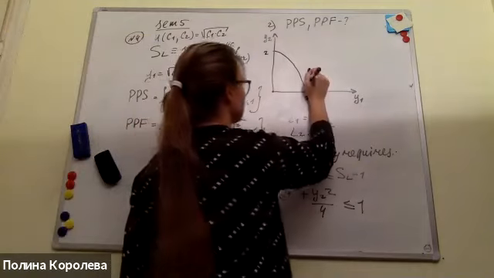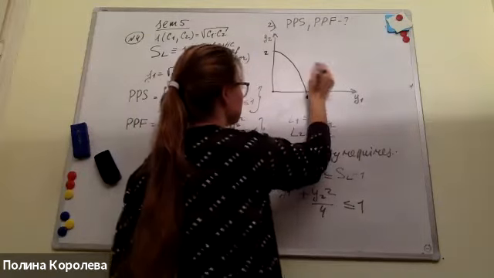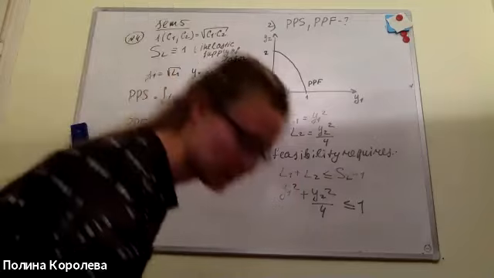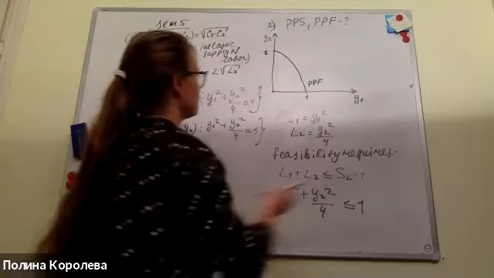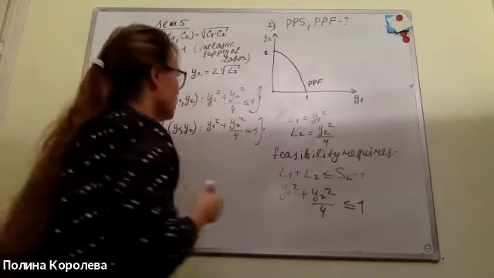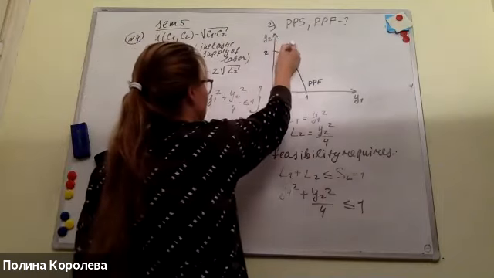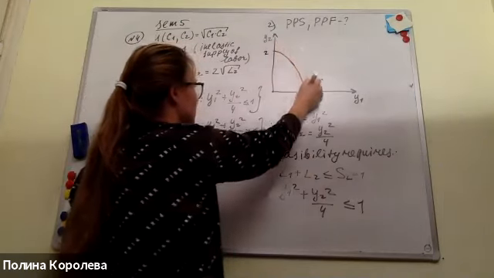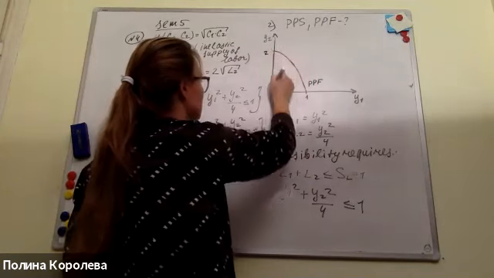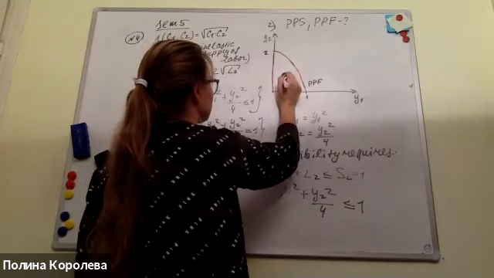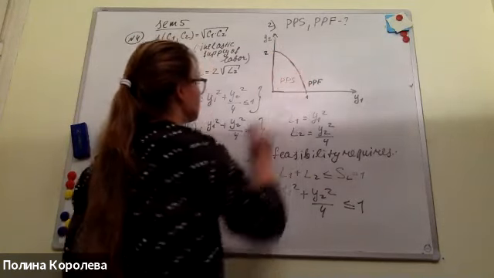So this is the production possibility frontier. All points that are on the PPF and under it are called the production possibility set.